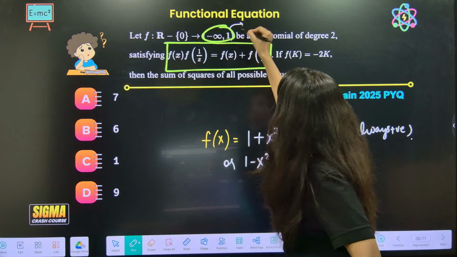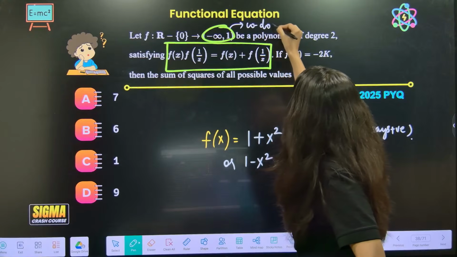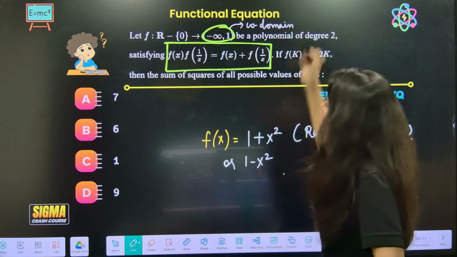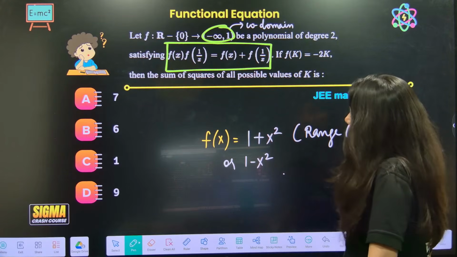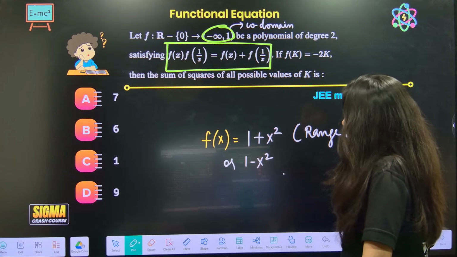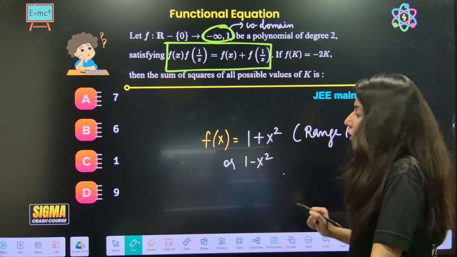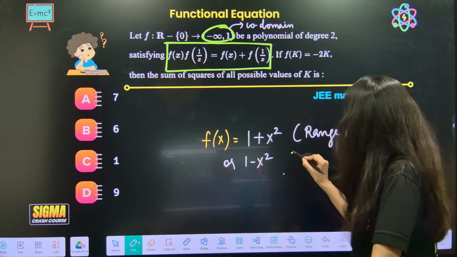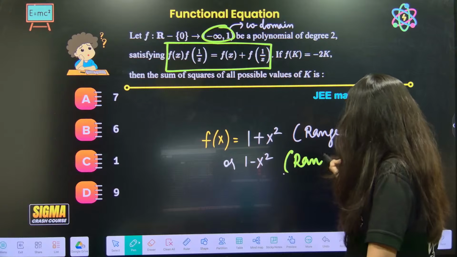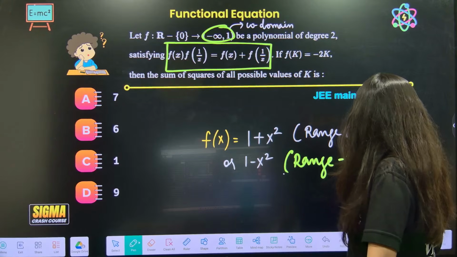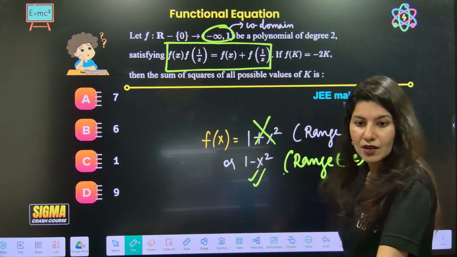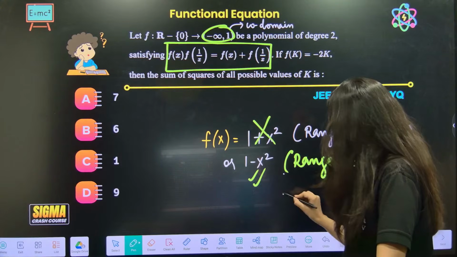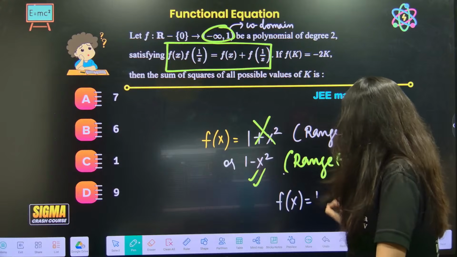Codomain and range are very close to each other, right? So clearly, if you want a negative range, this is accepted and this is rejected. So now you got your f(x), which is 1 minus x squared.